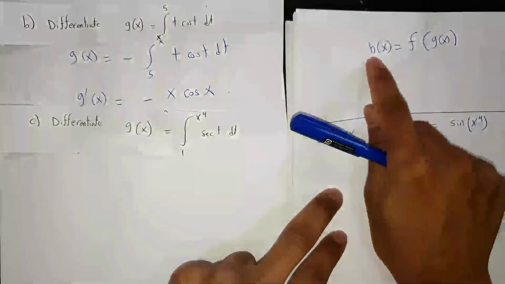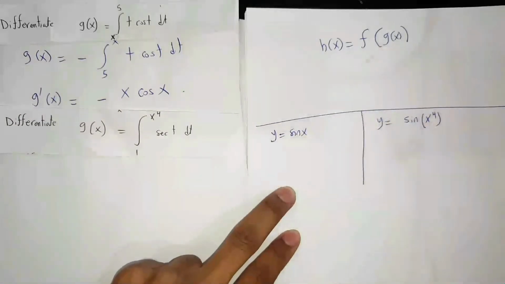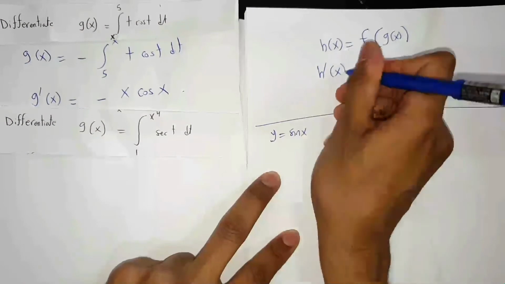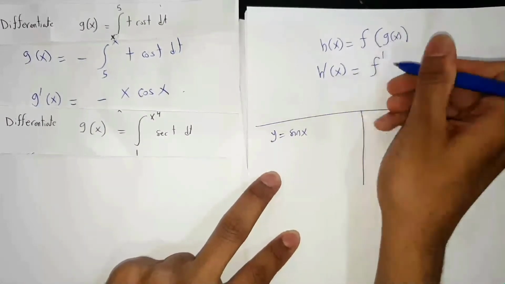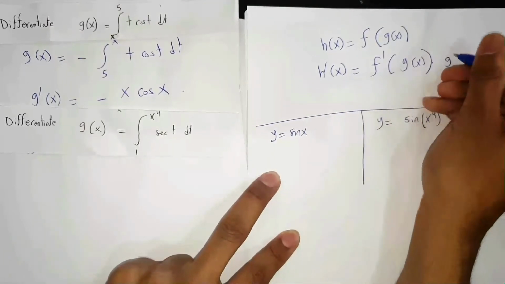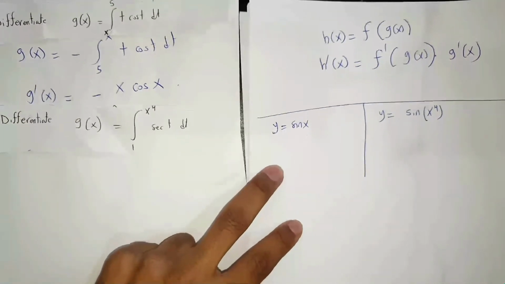If you have a function h of x which is equal to f of g of x, how can we differentiate it? As we did in Math 101, you differentiate the outer function, f prime of g of x. Then you multiply by the derivative of the inside function. So this is the chain rule. Just to understand, let us take a quick example.